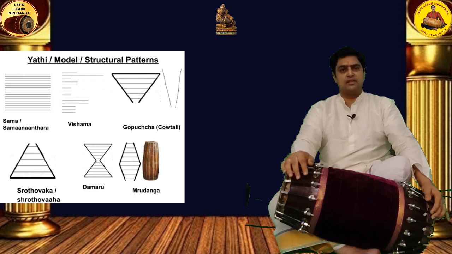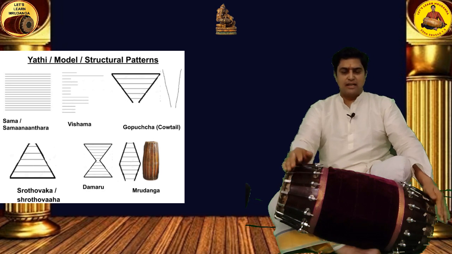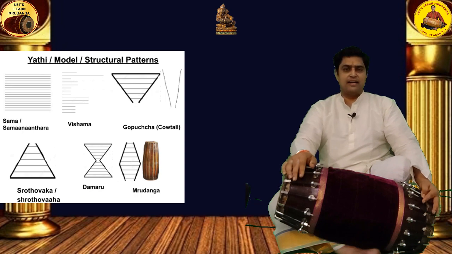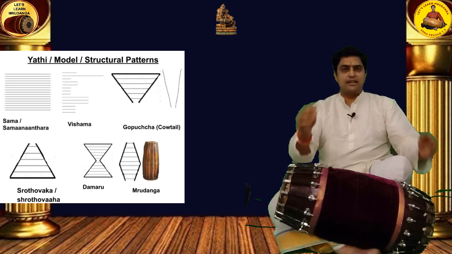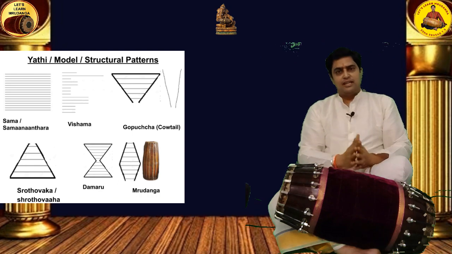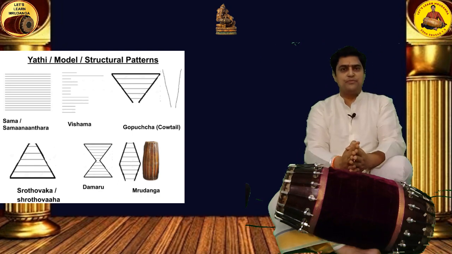Yati is nothing but the model. So a Theermana which is having a gradual reduction of letters is identified as a decreasing triangle, like a tail of a cow. So it can have any model.